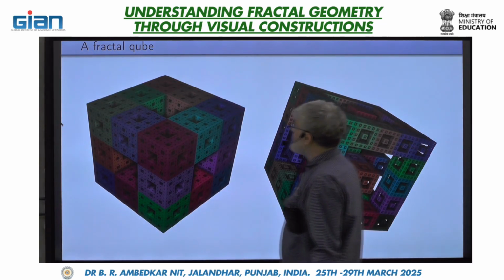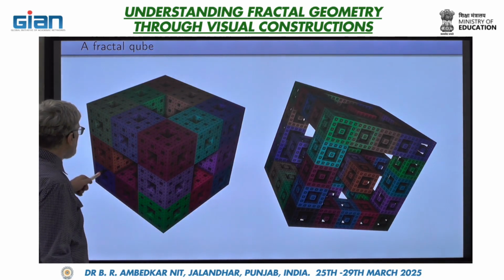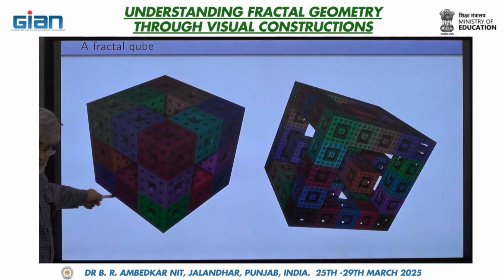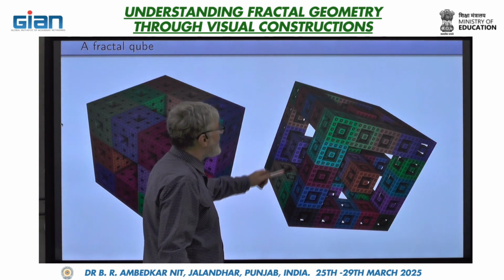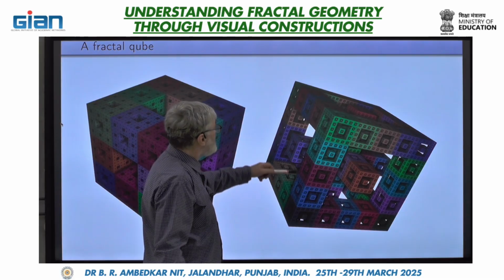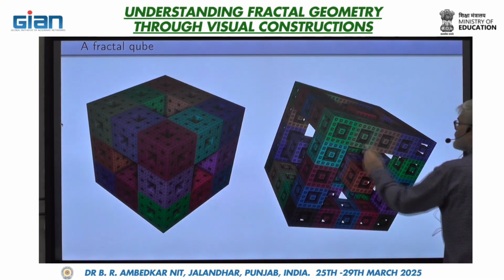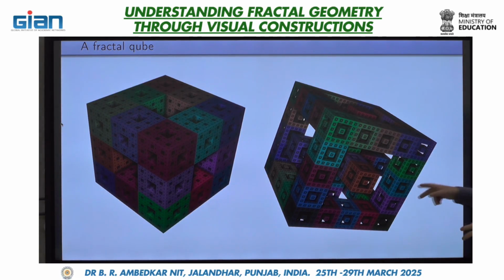This one is made of 20 smaller cubes, and it is some kind of variation of the Menger sponge, because it consists of two groups of cubes. One is inside the other and they do not touch.